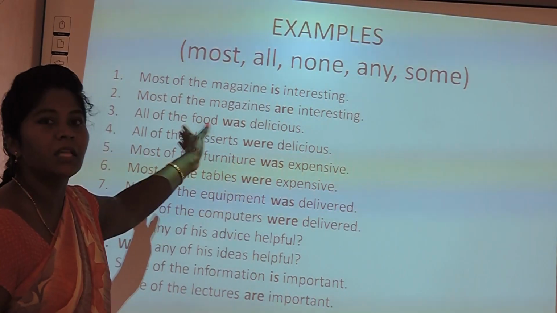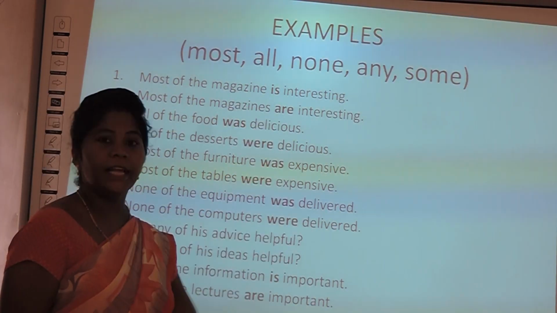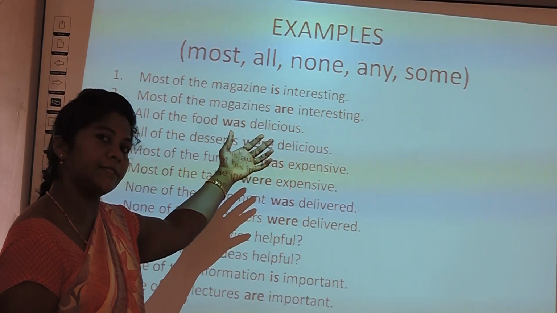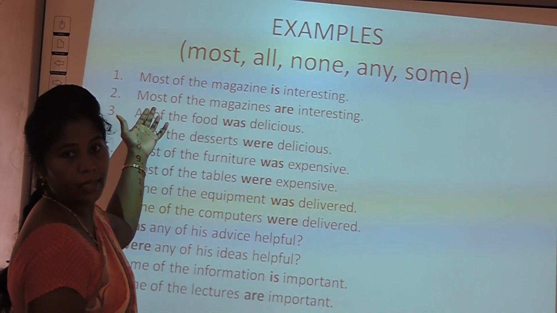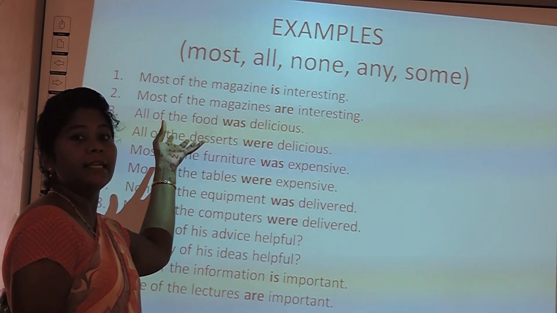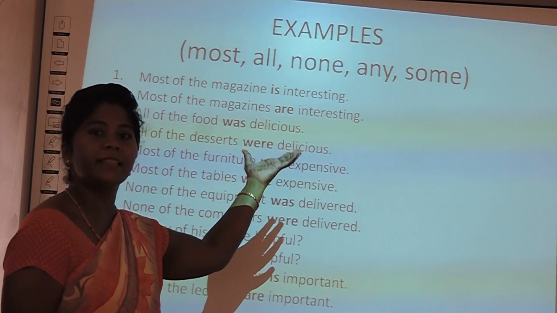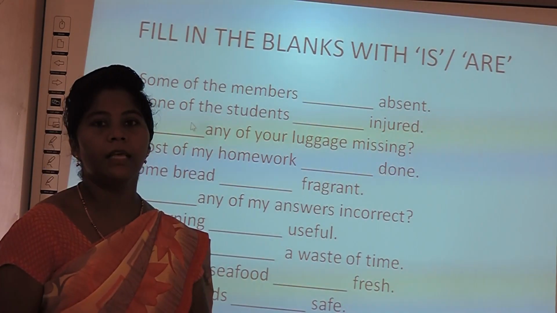Now let's look at the third sentence. All of the food was delicious. So why do we have was, although it's all? The sentence looks like plural, but still we are using a singular verb. And that's because of the uncountable noun.